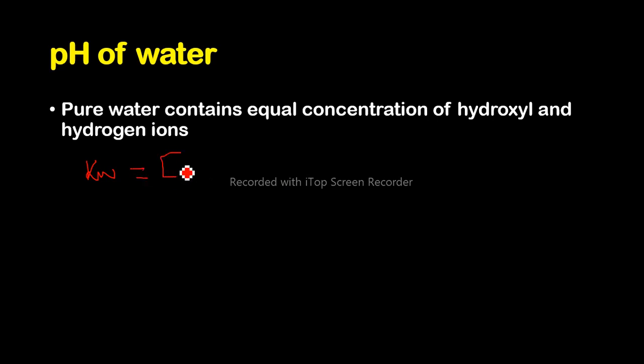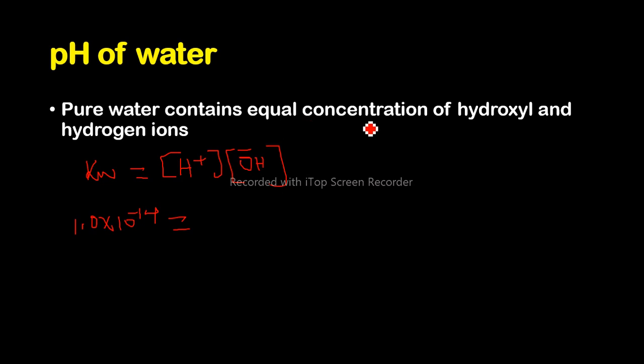It is the concentration of hydrogen ions times the concentration of OH ions, and the Kw is 1.0 times 10 power negative 14. That's our Kw, and we have calculated it.